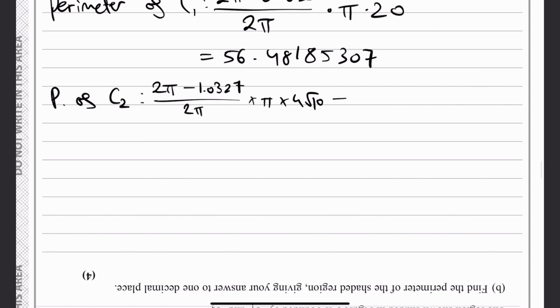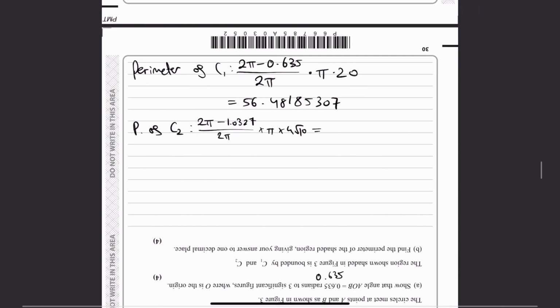2 pi minus answer over 2 pi multiplied by pi multiplied by 4 root 10. That gives 33.20696811.